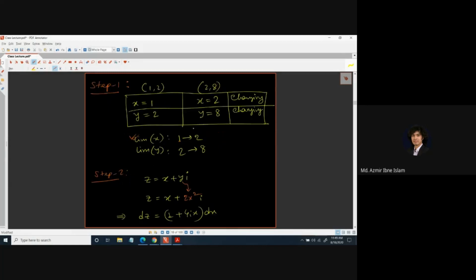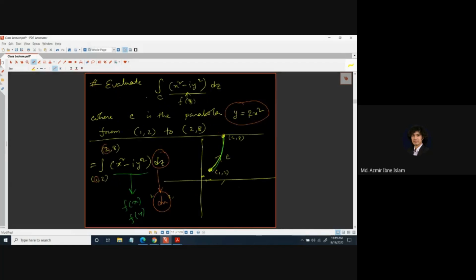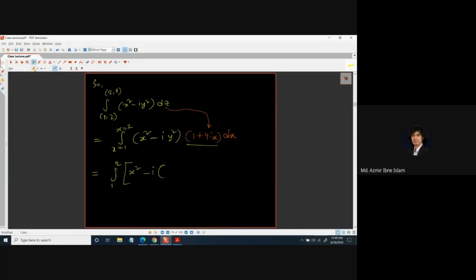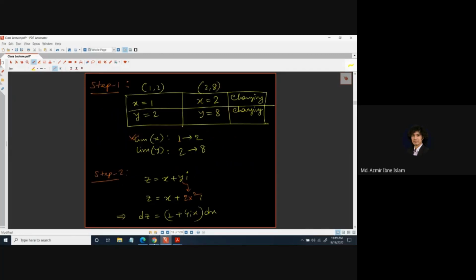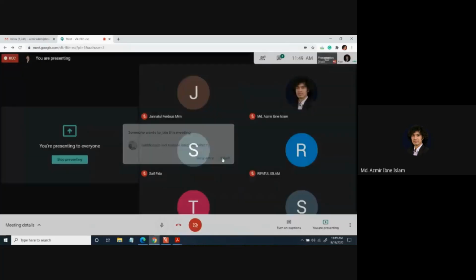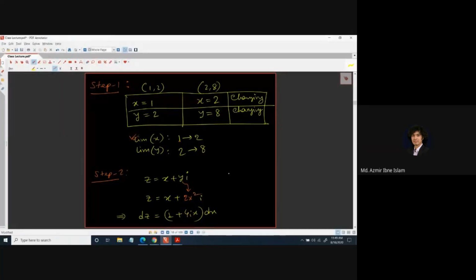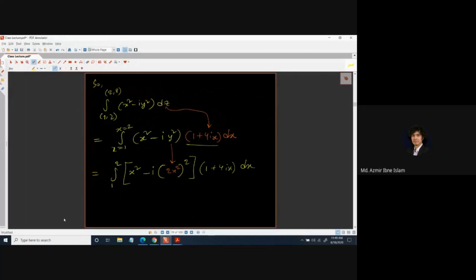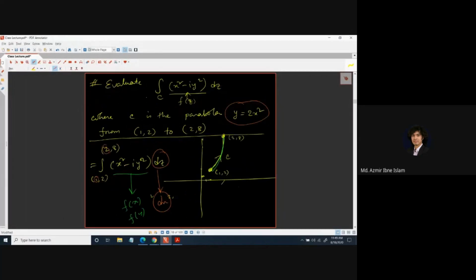Y squared. We need to replace y as 2x squared because our target is to keep all the variables in x. So here, have I written the correct one? Yeah.